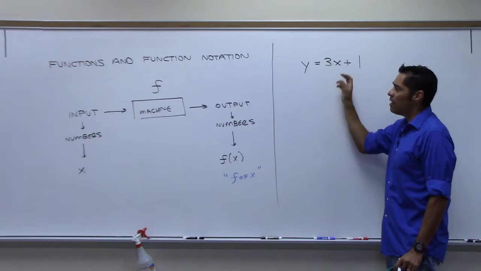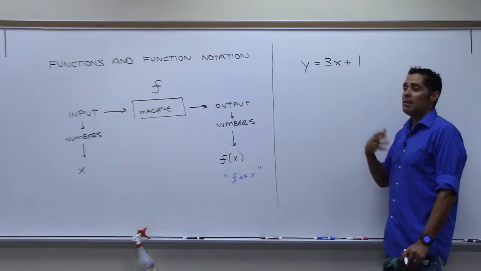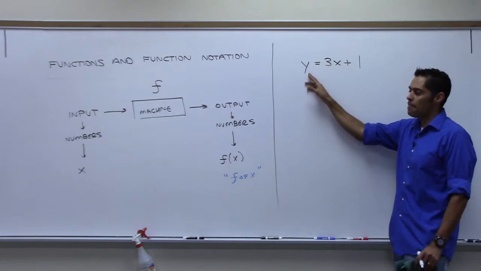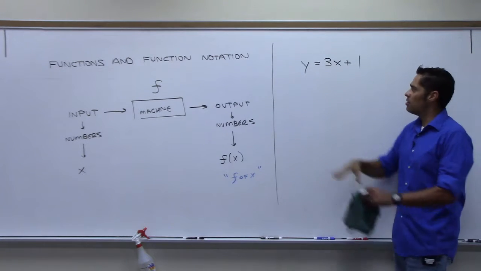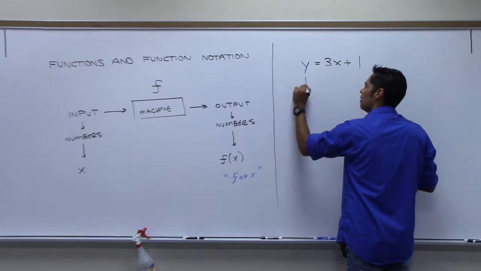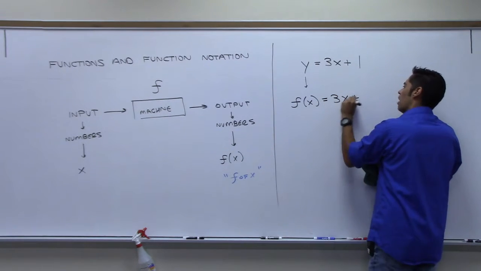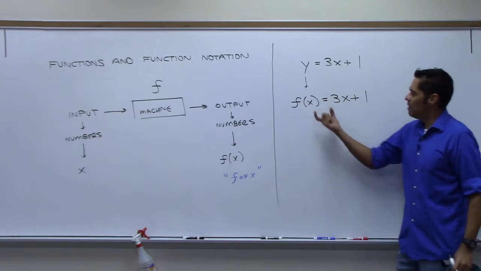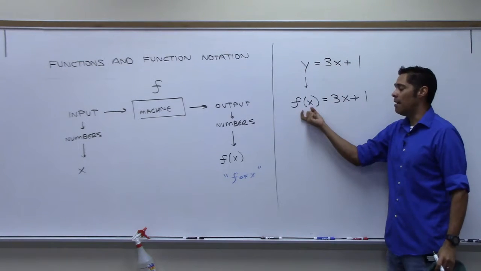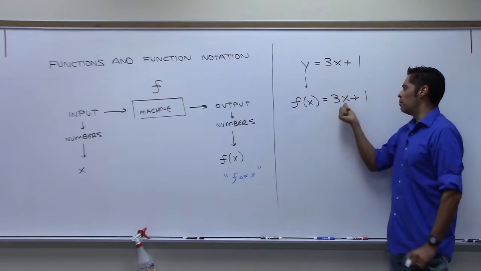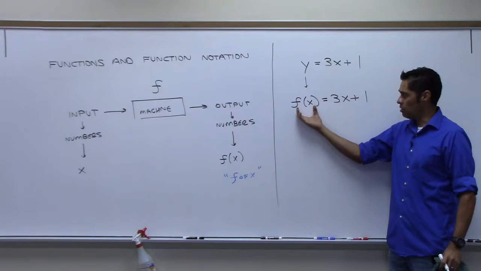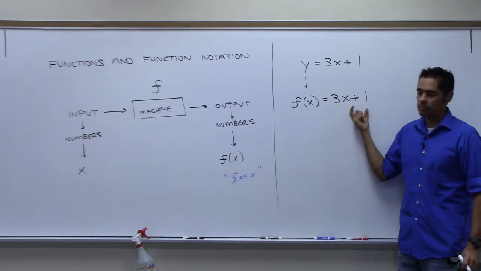Every time you change x, y is going to change. So I can replace the y with this notation: f of x is 3x plus 1. Now this side of the equation, which we used to call y, is a function of x. You plug x in, and it will turn this into that value.